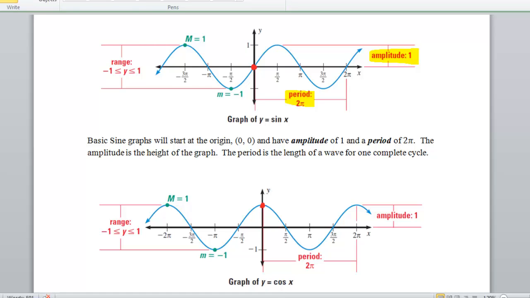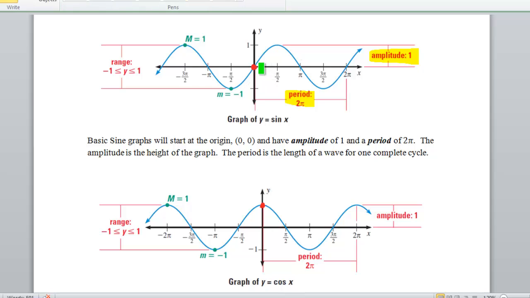You can see just from the graph itself and through the demonstration here that the amplitude is really being represented by the height of the graph off of the x-axis. So you can see that just in a general sine curve or general cosine curve, the amplitude is equal to 1. The period is the length on the x-axis that it takes to complete one cycle.